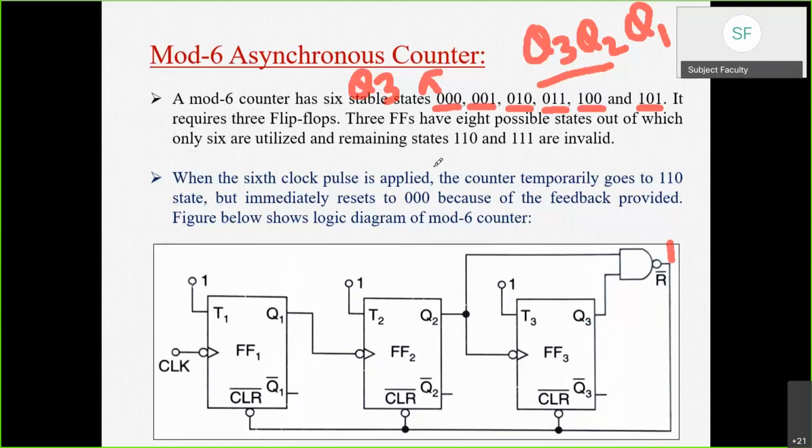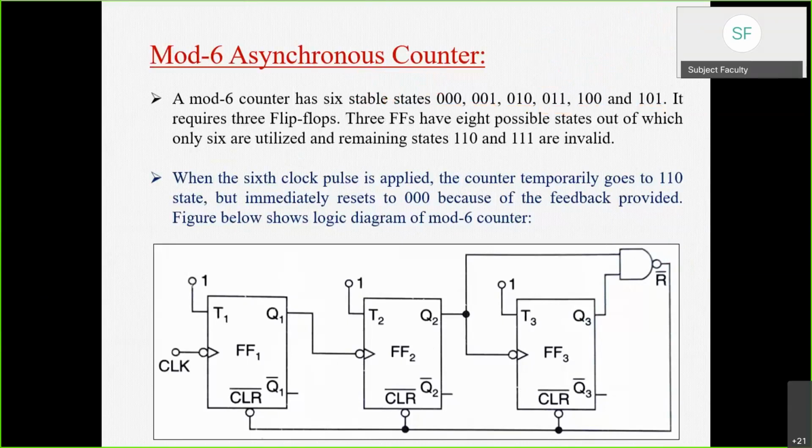Now what happens at the next step, after 1, 0, 1? What will be the count after 1, 0, 1? It will be 1, 1, 0.